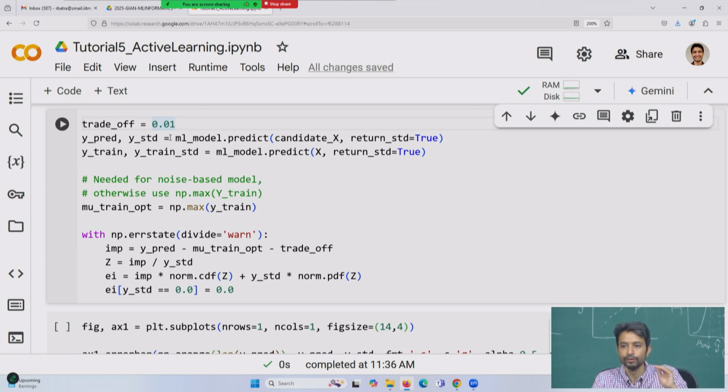So depending on your scale of property is how you need to manage this trade-off. Say you are on the Vickers hardness scale, then you have to accordingly change this trade-off value. The more the value of the trade-off, the more will be the exploration.